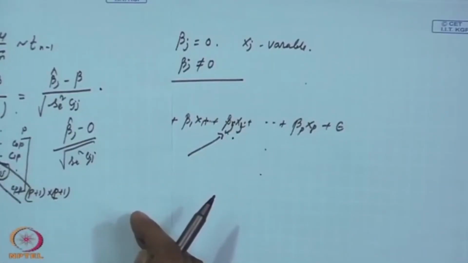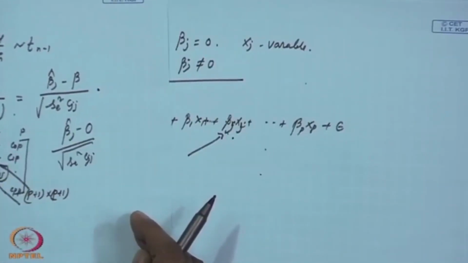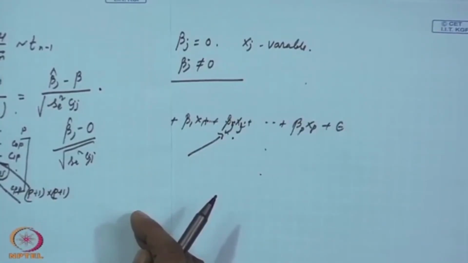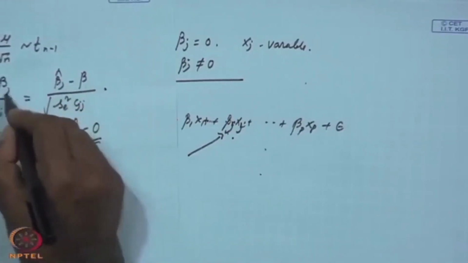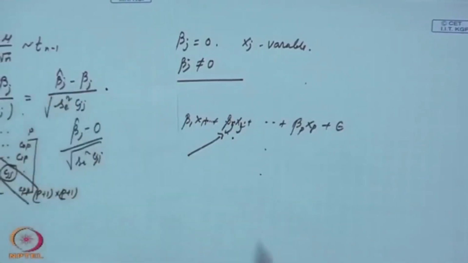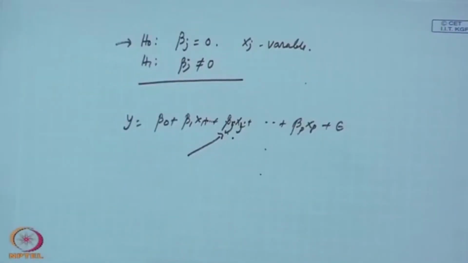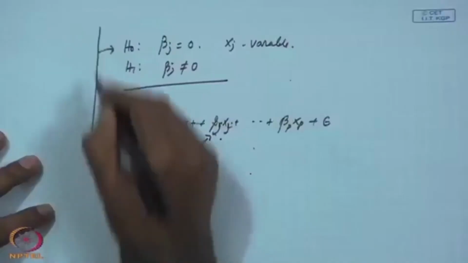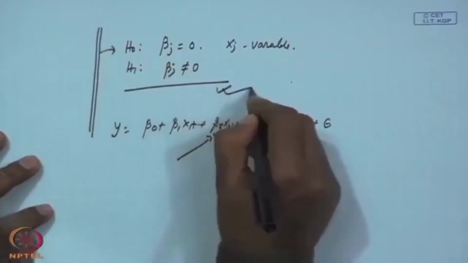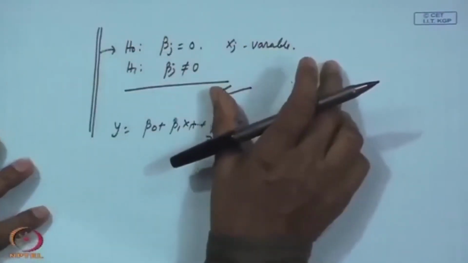Is it difficult? No, sir. Beta j cap minus beta j, all are beta j here, because we are talking about the jth variable only. Okay. Now, I will come back to the estimate and test part later on.